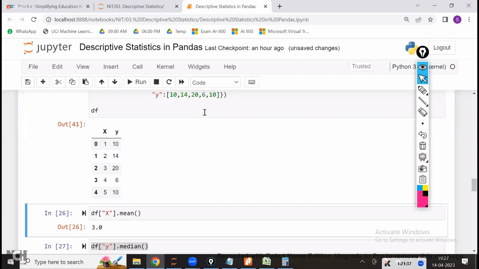To make your calculation easy, I have taken the data like that. Please calculate the covariance of X comma Y. Sigma of X minus X bar into Y minus Y bar divided by N minus 1 if it is sample data. If it is population data, divide by N.